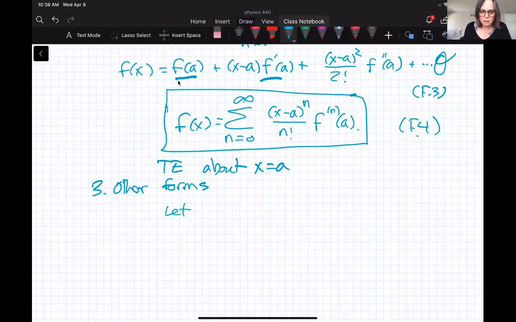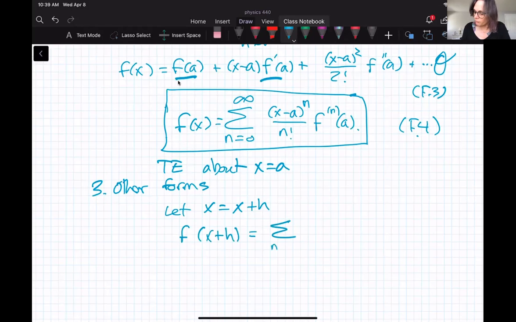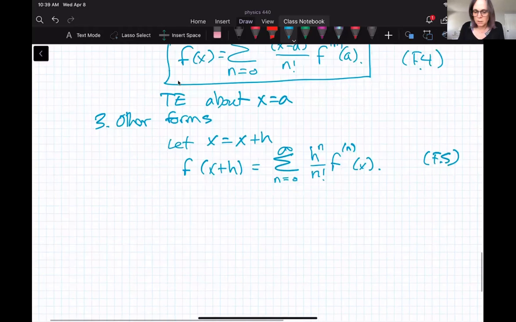If we let x be equal to x plus h, and so h is a small number, then f of x plus h is equal to the sum from n equals 0 to infinity of h to the n over n factorial times the nth derivative of f, evaluated at x. Now we're expanding around this small h.